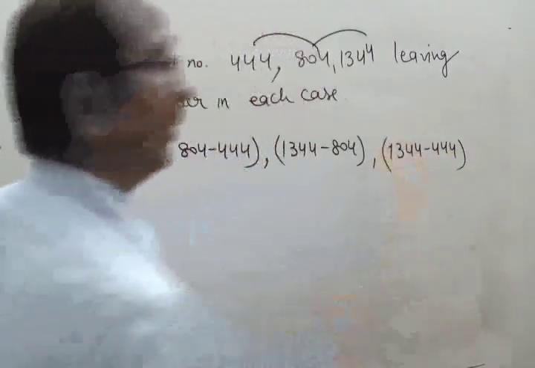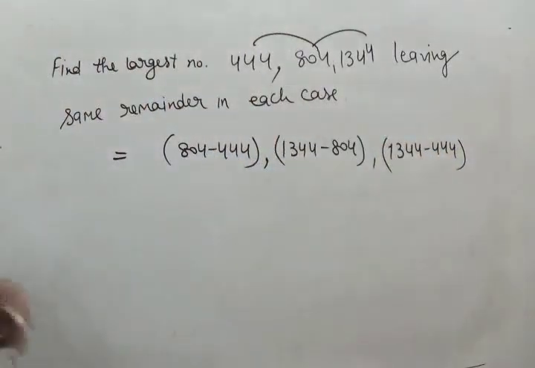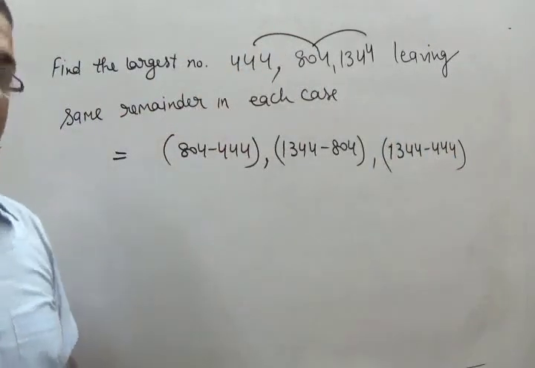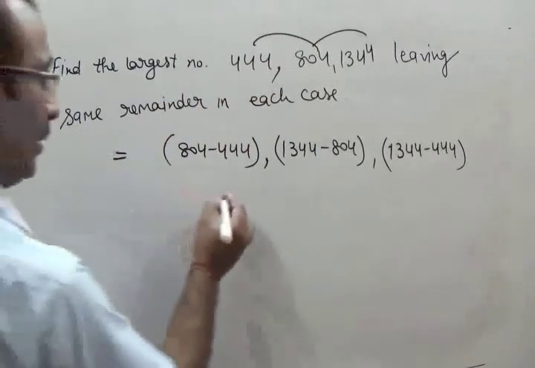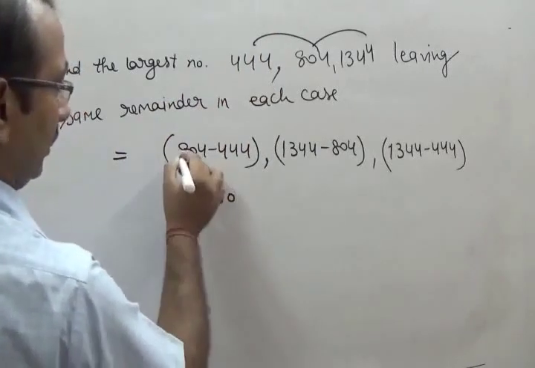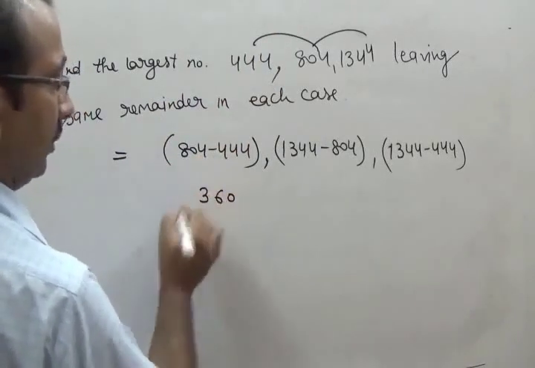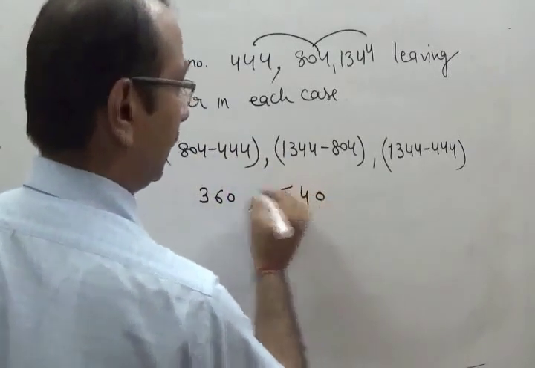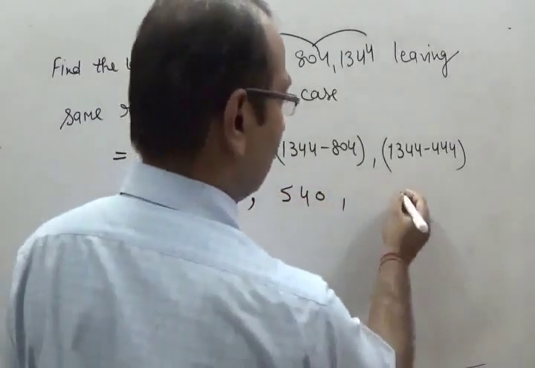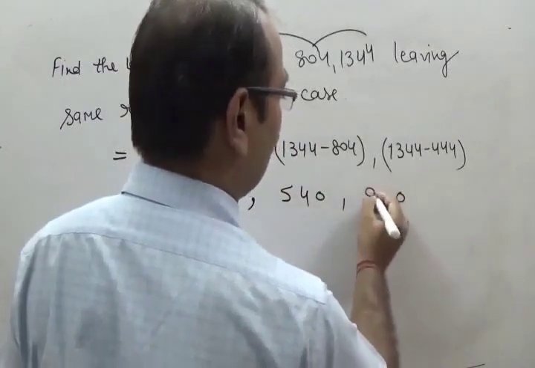It's a very standard question, because if I have to find the largest number by which these three numbers are divided and every time it leaves the same remainder, we take the difference in pairs. Here I will get 360, 540 and 900.